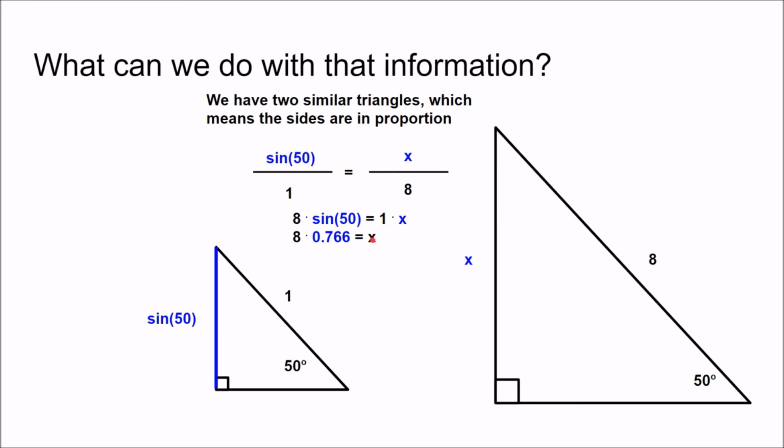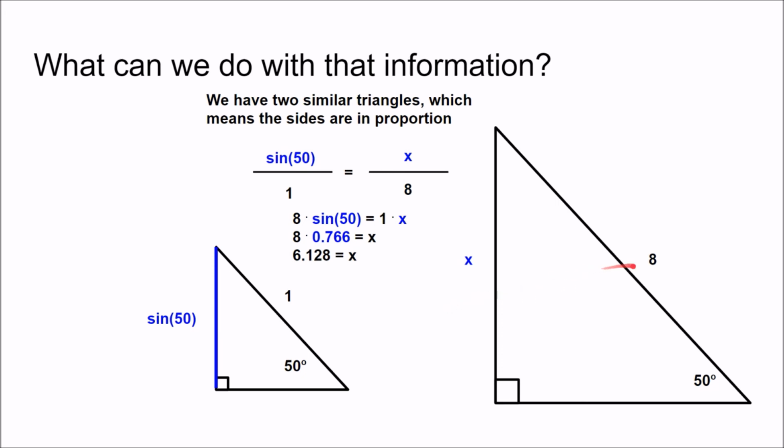Sometimes we multiply, sometimes we divide, but you'll see that later on. On our calculator, we could either type in 8 times 0.766 or 8 times sine 50. They would give us the same thing, 6.128, which means that this side has a length of 6.128. And again, it has to be less than 8 because 8 is the hypotenuse, which has to be the longest side of that right triangle.